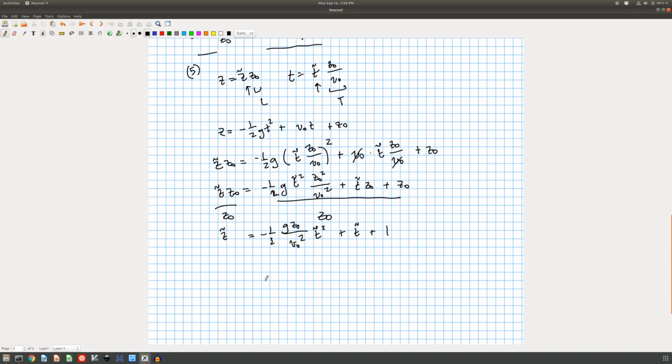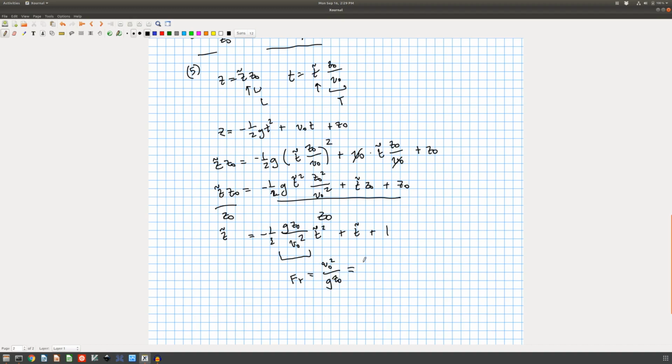Okay, and what I said in class, this guy right here is a dimensionless number. This is the Froude number, or 1 over the Froude number. The Froude number is v0 squared divided by g z0.